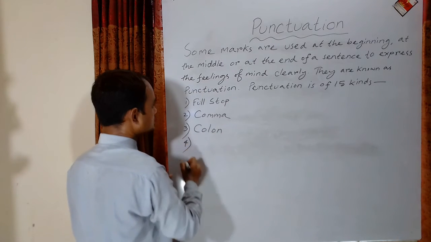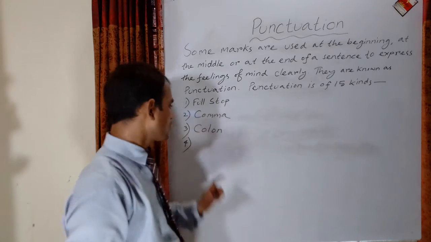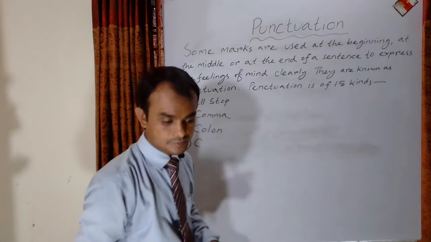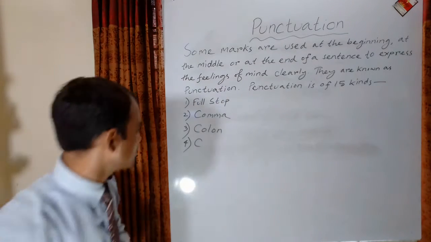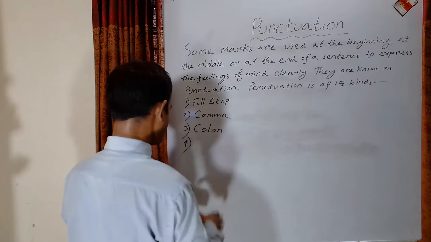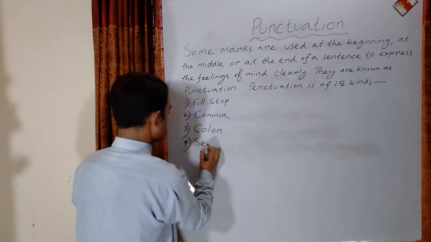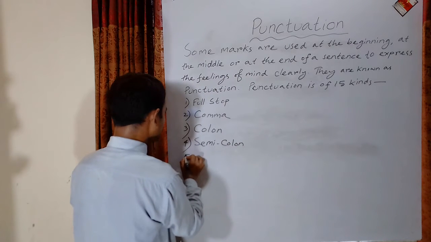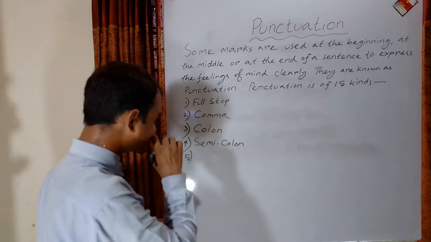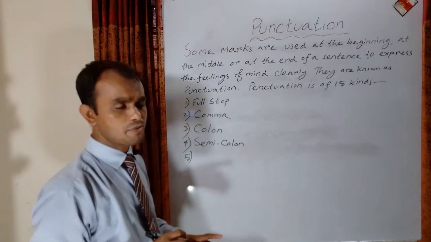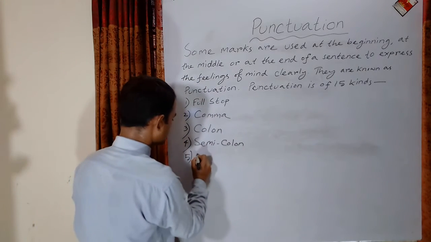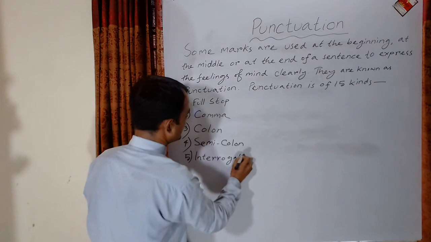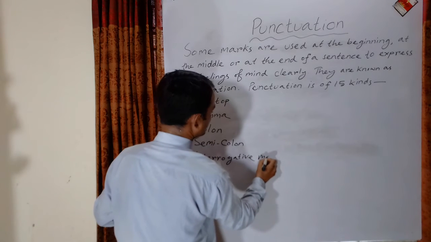Number 4, semicolon. After colon, I will use semicolon. Number 5, interrogative mark.